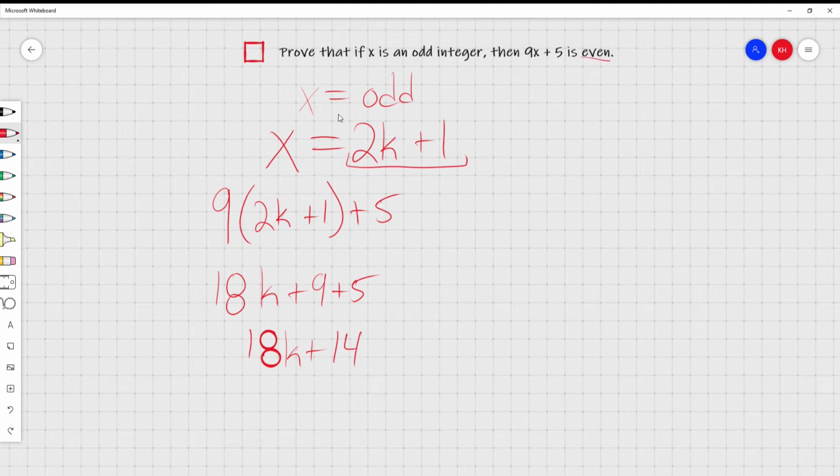One of the simplest ways to get an even number is to prove that it is a multiple of 2, or that it's divisible by 2. So in this case, we pull out a 2 out the front, and we get 9k plus 7. And right there, because we're able to pull out a 2 from the equation, we know that this is going to be a multiple of 2.